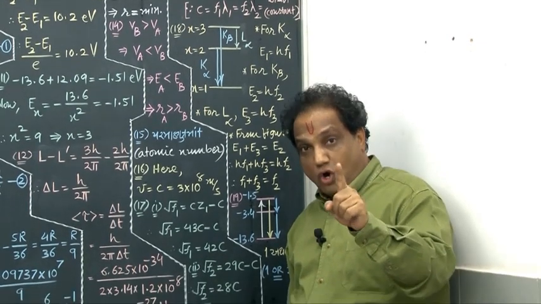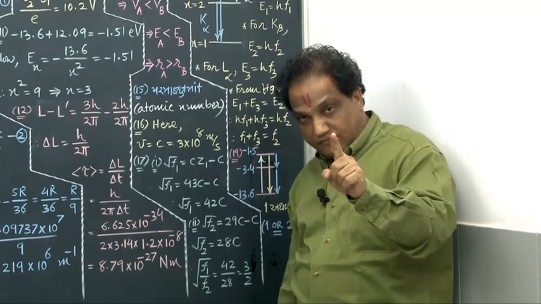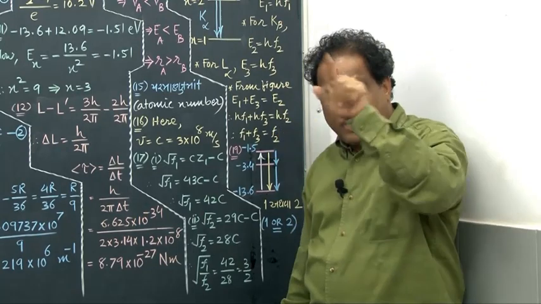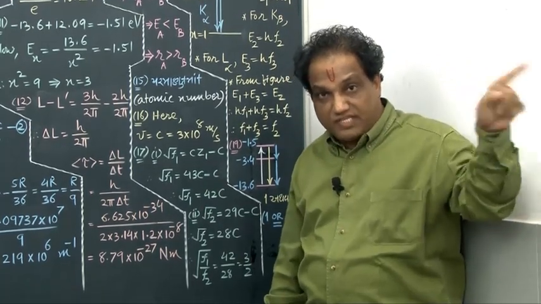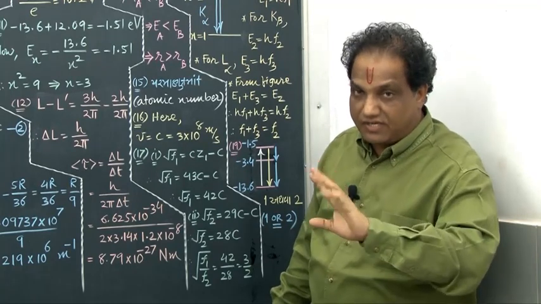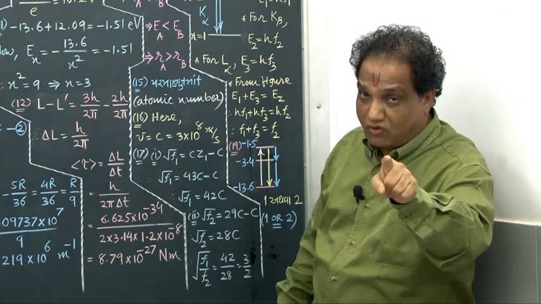Remember Moseley's law. Moseley's law for finding the frequency of K alpha radiation was under root f equal to Cz minus C. If you know the frequency of K alpha radiation, ultimately using Moseley's law, what can you find out?